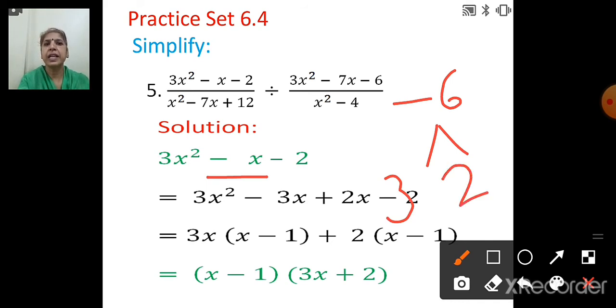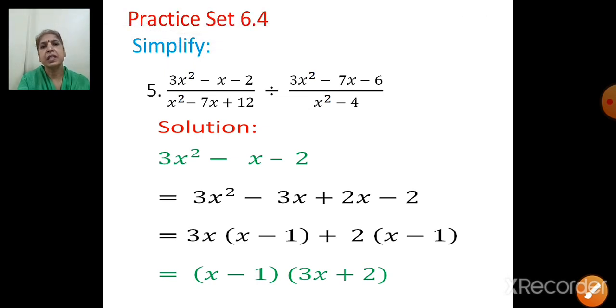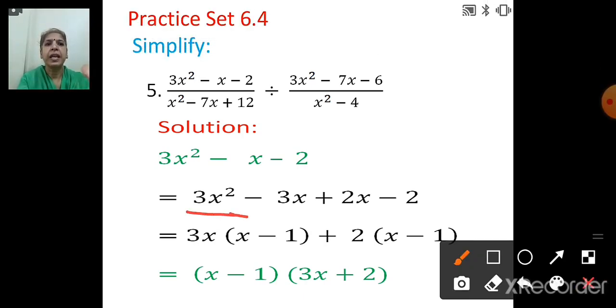What about the sign? We know the sign we have to give to the greater factor. So minus 3 plus 2. Now we will write this trinomial as 4 terms: 3x square minus 3x plus 2x minus 2.